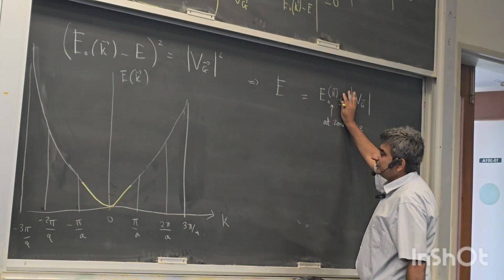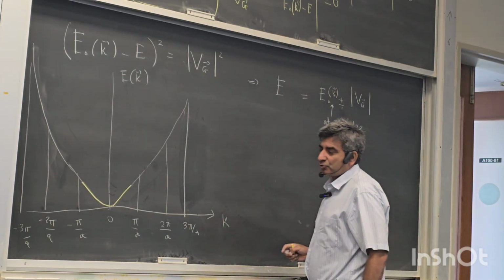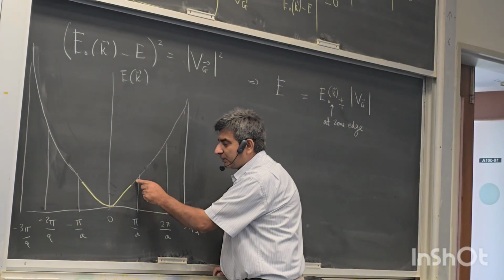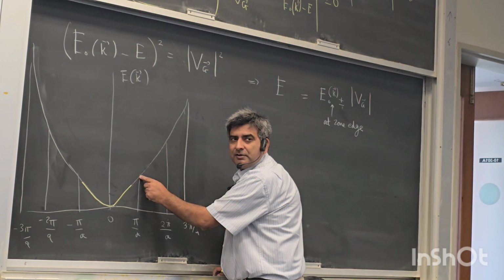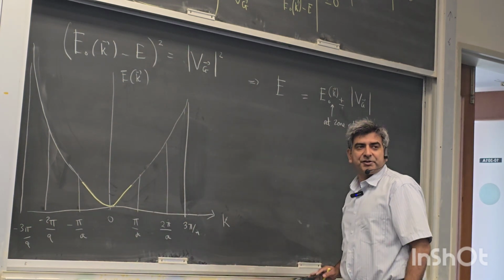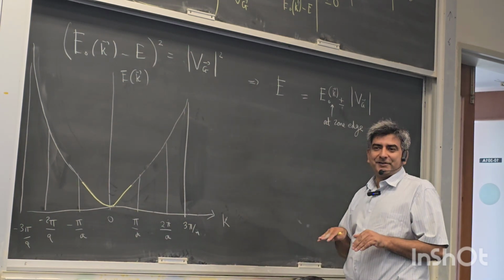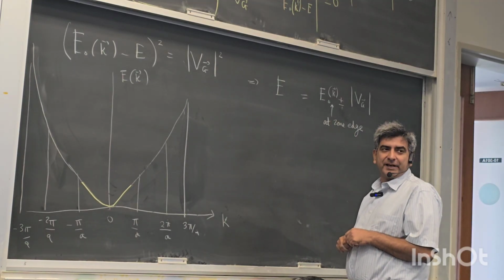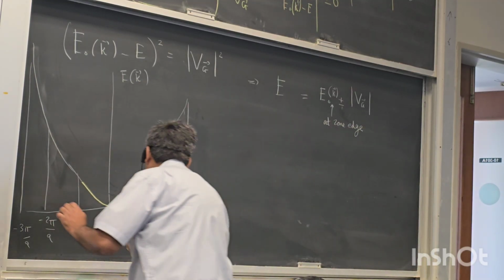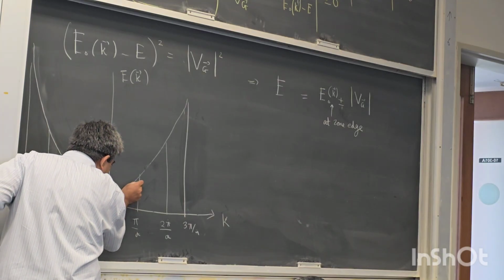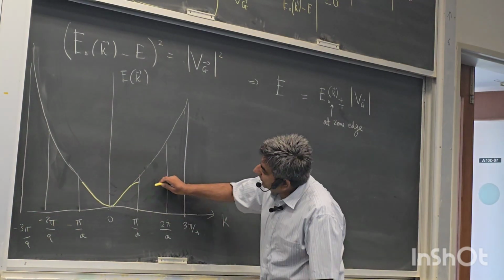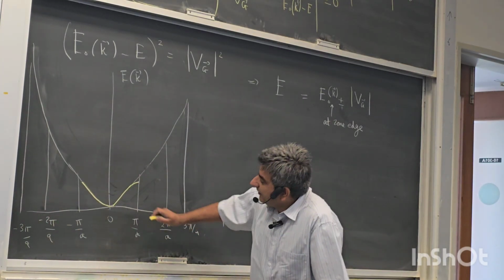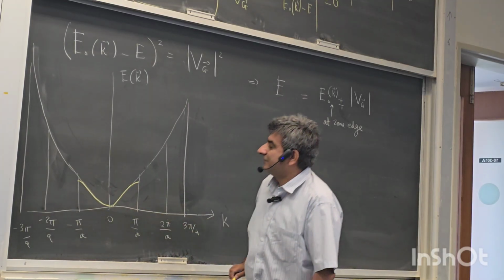If this term didn't exist, no perturbation, it would keep on following the white curve. But now just before the zone edge, it drops down a little bit because of this minus Vg. So it starts looking like this, drops down. Here it drops down again.